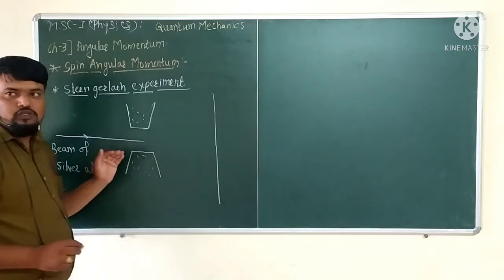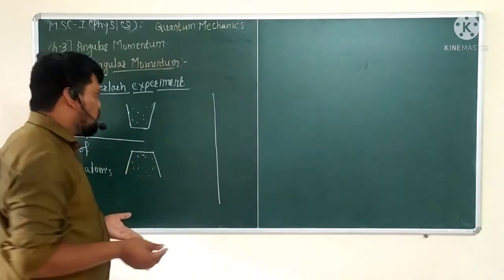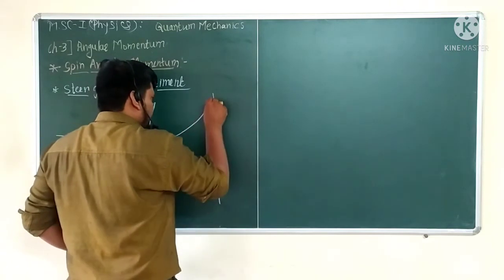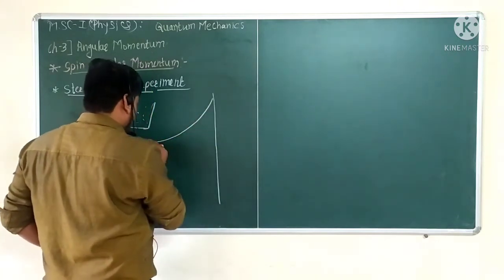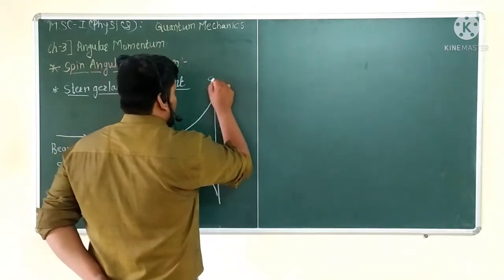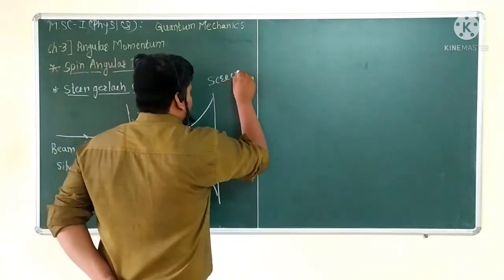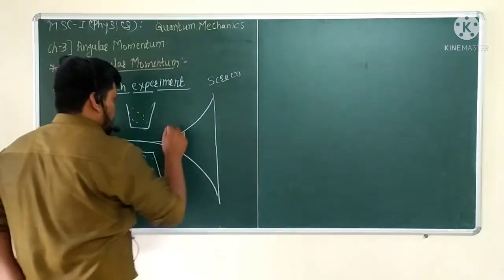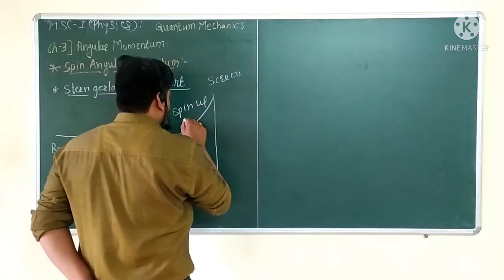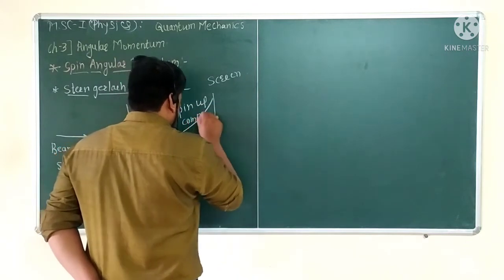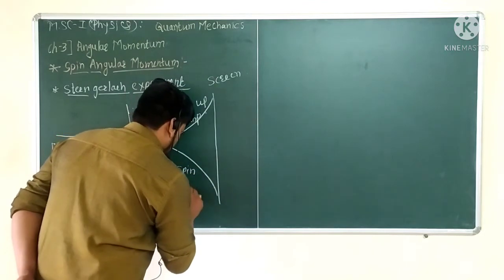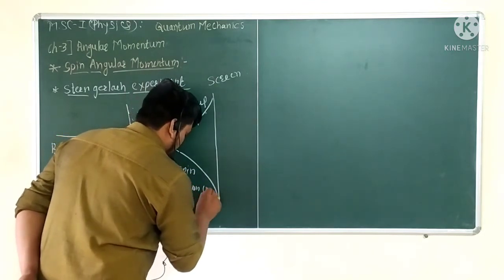The beam splits into two components, which are nothing but the spin up and spin down components. This is the screen, this is the spin up component, and this is the spin down component.